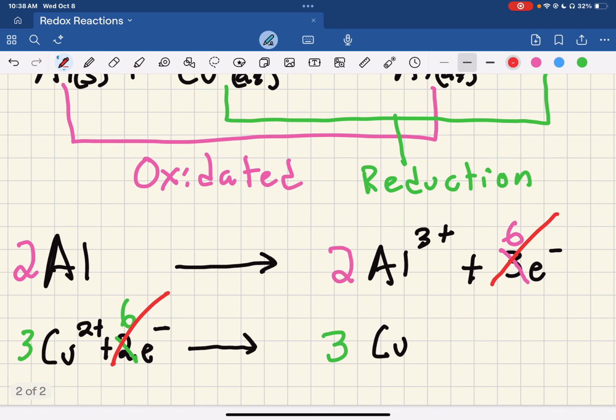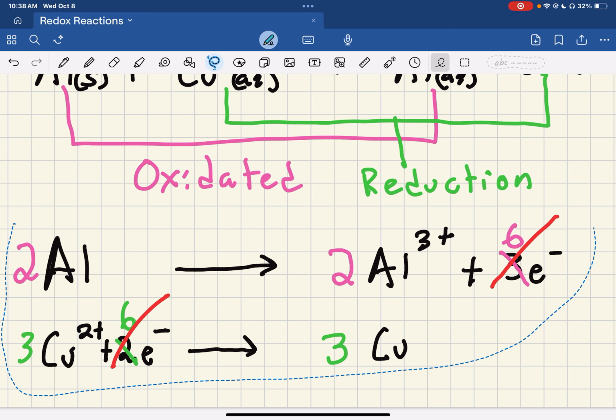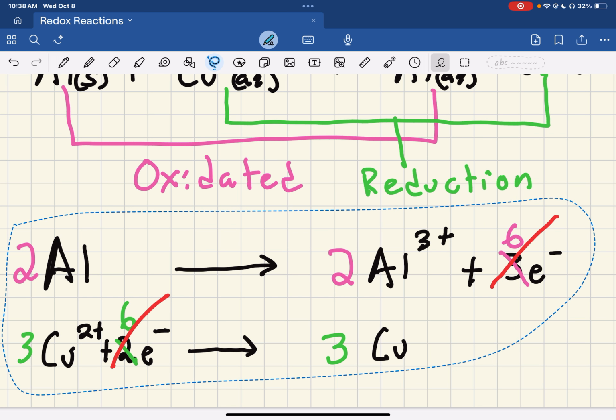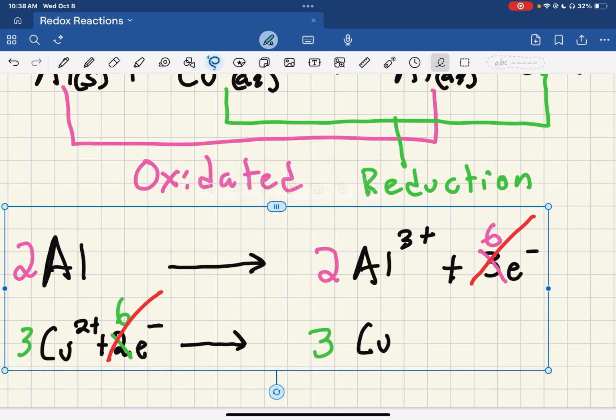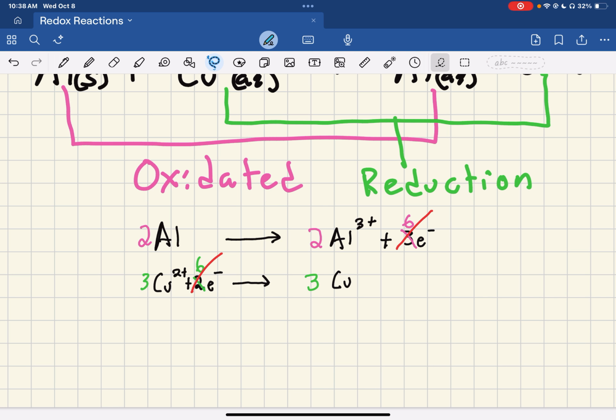What comes next is I have to add up all of my elements to give me one reaction. I'll make this a little bit smaller so I can actually fit all this right here. Put it right there. And I'm going to add them up.